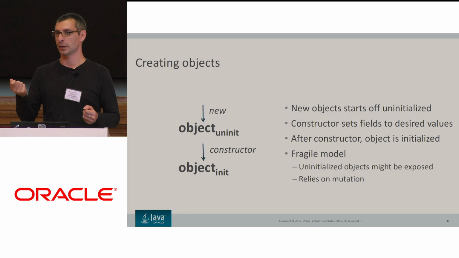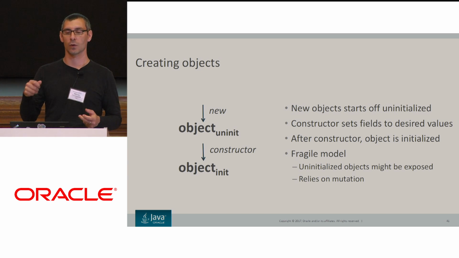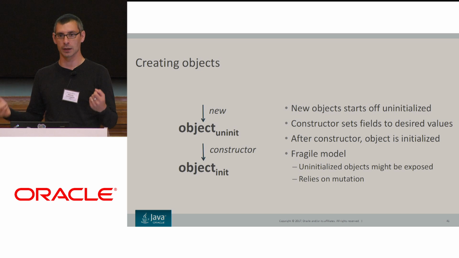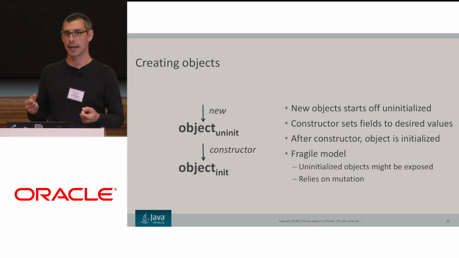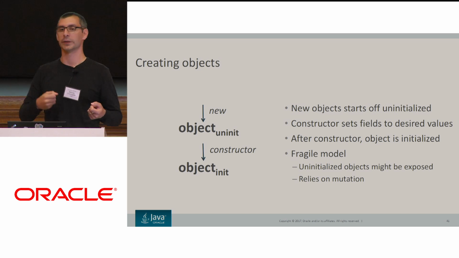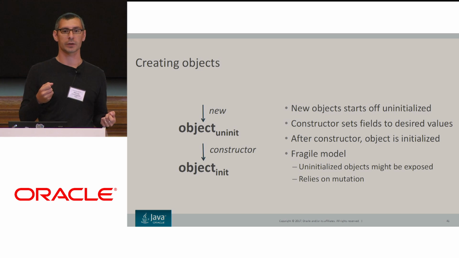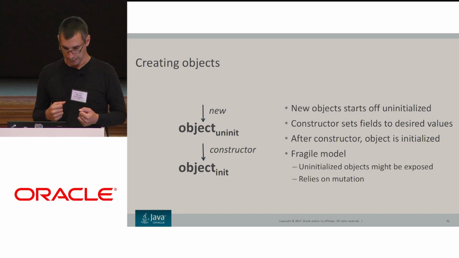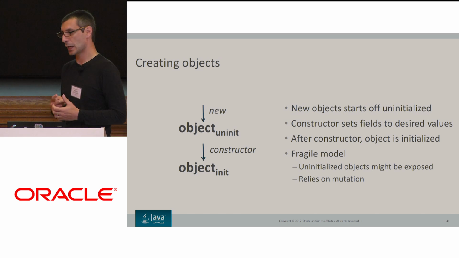Then an invokespecial happens, the constructor is called, the constructor will do some putfield in the middle, will initialize some of the fields of the object, and then the constructor returns, and by the time the constructor returns, the verifier will know, okay, now the object is initialized. There are two problems with this model. One is that this model is based on mutation.